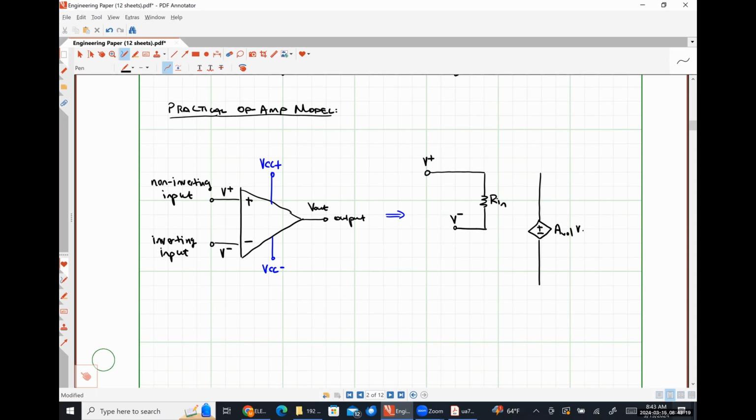And now, instead of having that signal Vn, I'm going to have a voltage Vd that I will define in just a moment, where this voltage Vd is the differential voltage. Okay.